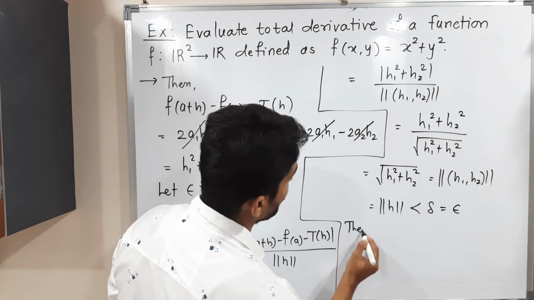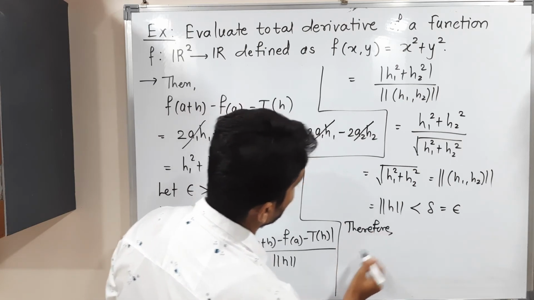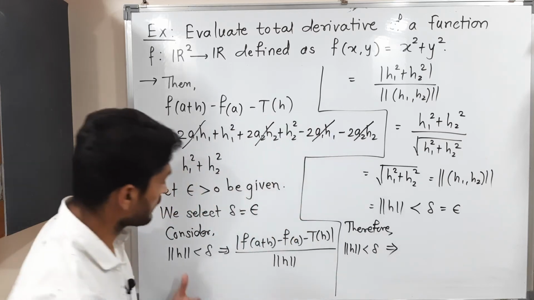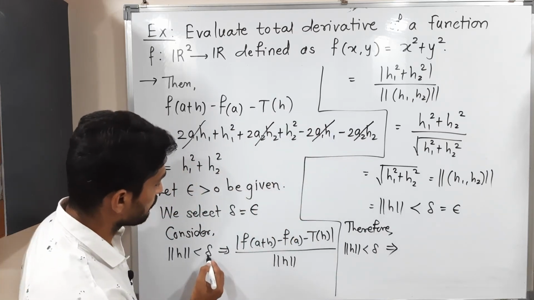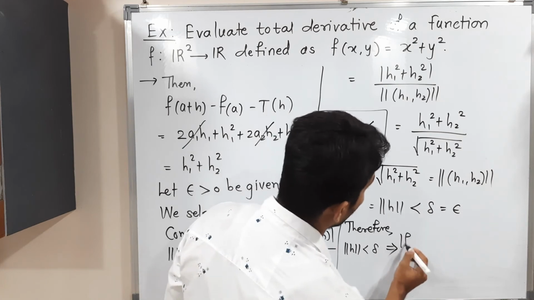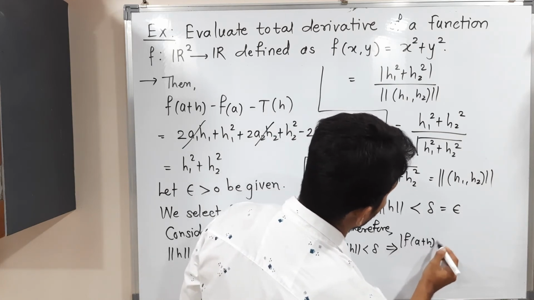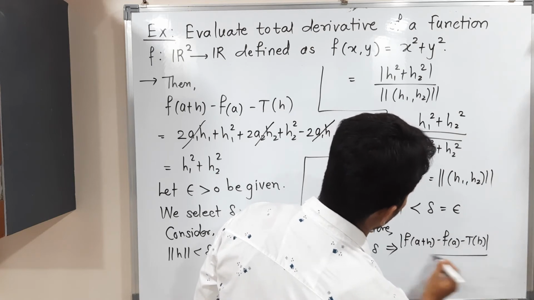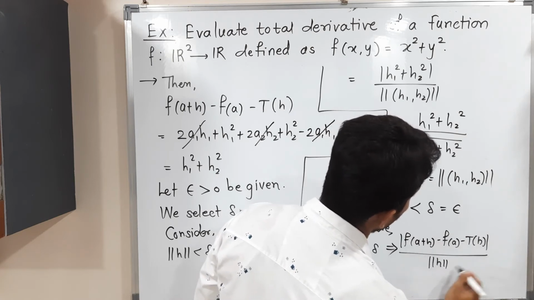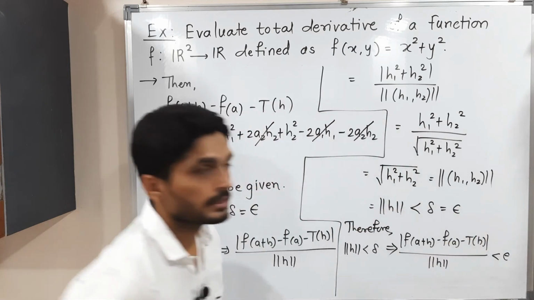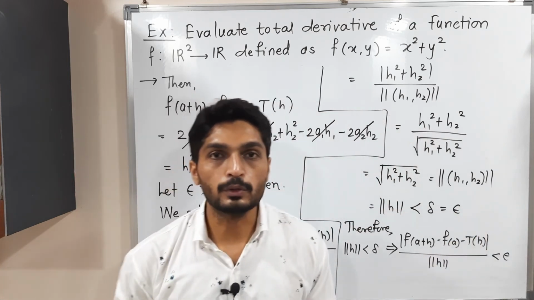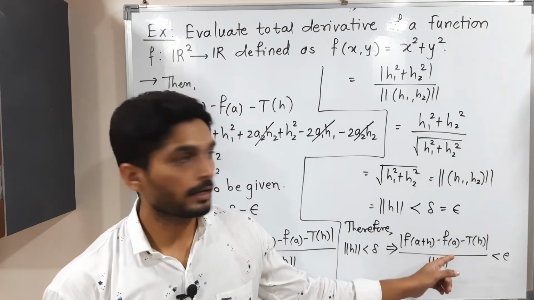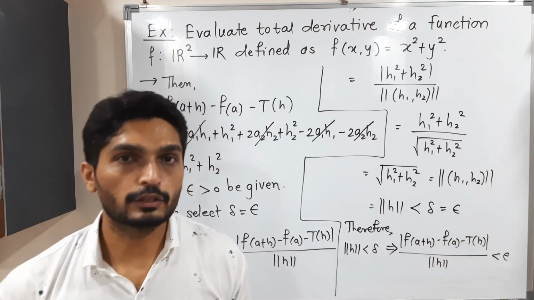So finally what we proved, we started with norm h less than delta, and finally we proved mod f of a plus h minus f of a minus t of h whole divided by norm h is less than epsilon. That means yes, we have proved that the definition is satisfied. So this is the required total derivative, that linear transformation.